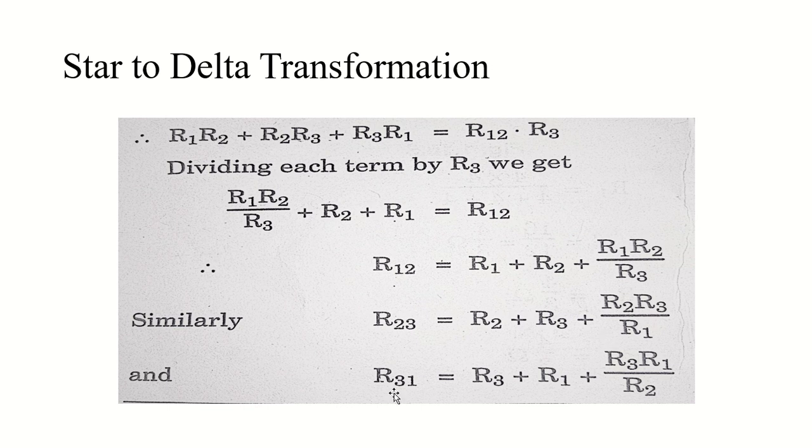If I want to find the value of R31, it will be R3 plus R1 plus the multiplication of both those numbers divided by R2, right? Simple enough. By doing that, we can find the values of all three resistors on the delta side, and this was nothing but your star to delta transformation.